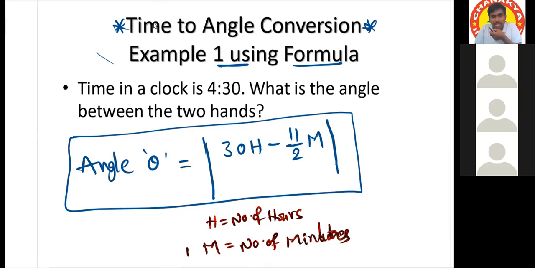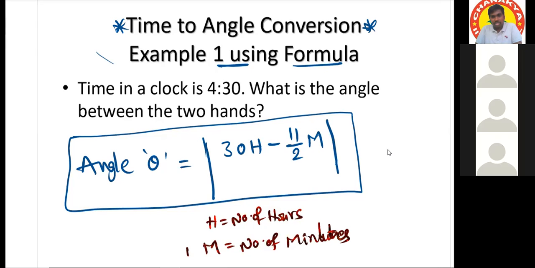Read it. Angle between the two hands is theta equal to. Sir, angle theta is 30h minus 11/2 m. Yes, correct. Then Nitya, are you there? Yes, sir. Angle theta is equal to 30h minus 11/2 m.